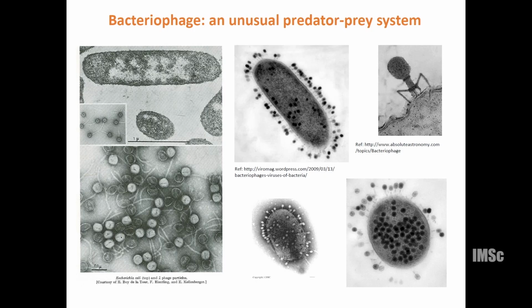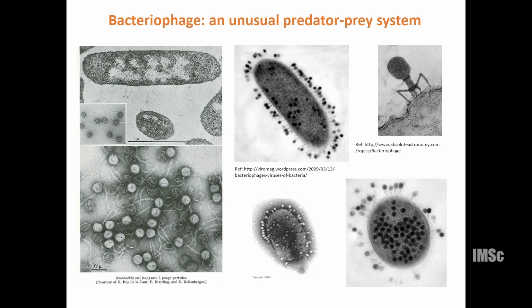These are just some images which show just how sci-fi looking these things are. They're about one or two orders of magnitude smaller than a bacterium. What they do is they attach onto bacteria and inject their DNA, or RNA sometimes, but I'll talk mostly about DNA viruses.